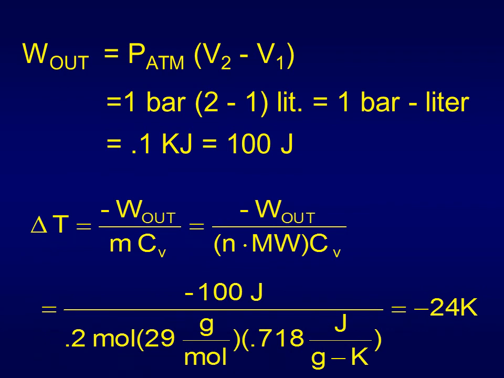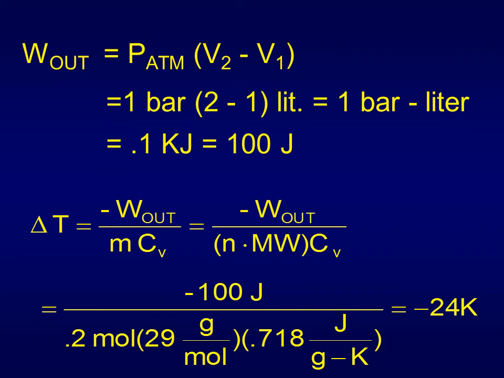We can then calculate our delta T, because remember, mCV delta T is delta U. So I'll take our work out, solve the energy balance that we had on the previous slide, and the work out divided by mCV is equal to delta T. And we find that the temperature of that gas has dropped 24 degrees.